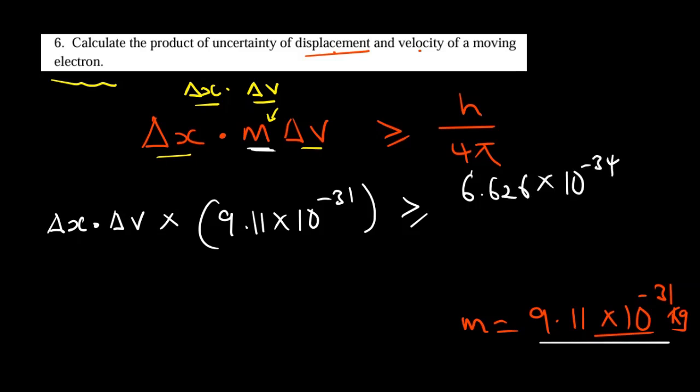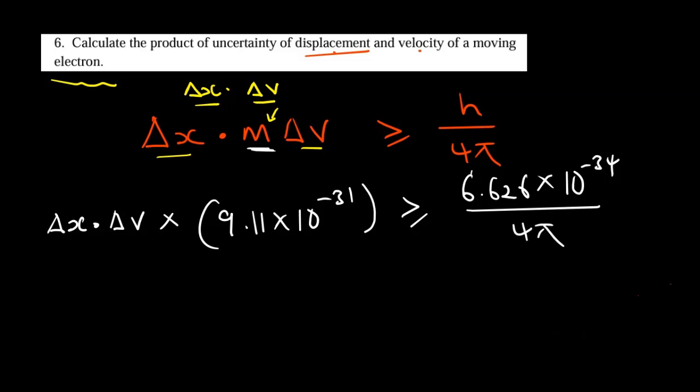And then we are dividing this by what? 4 pi. Okay, so we want to make the product of the displacement and the velocity our subject of the formula. So change in x multiplied by the change in v will be greater than or equal to this guy here, and then divided by this.